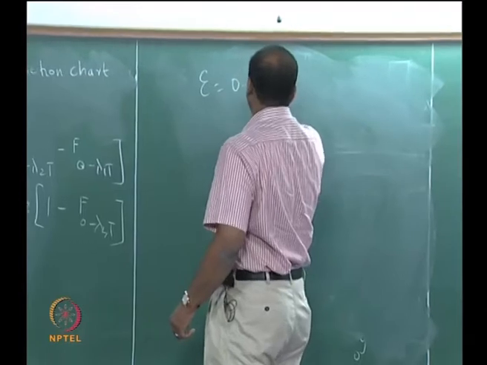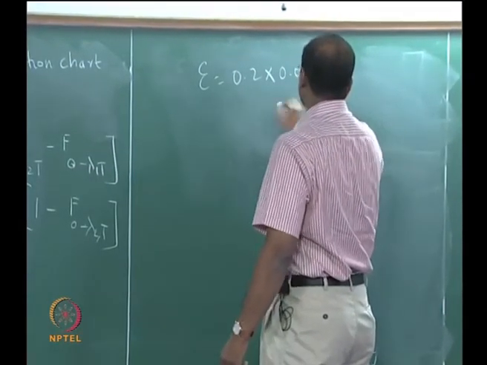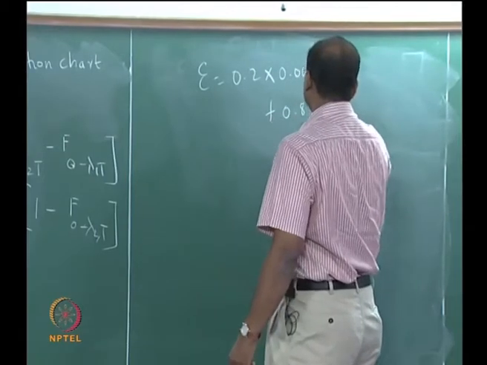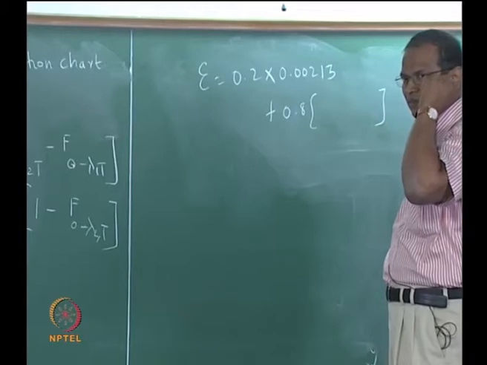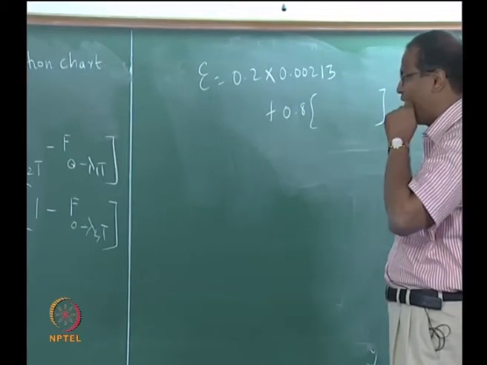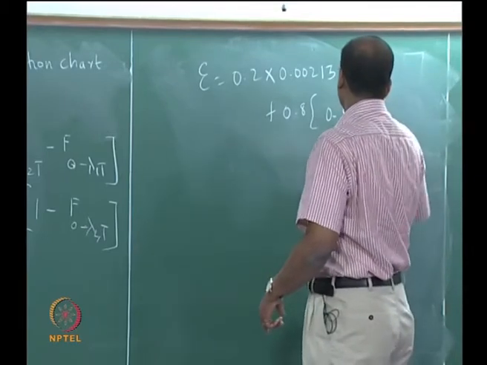Now epsilon is 0.2 into, so what is this? Point not? No. Plus?